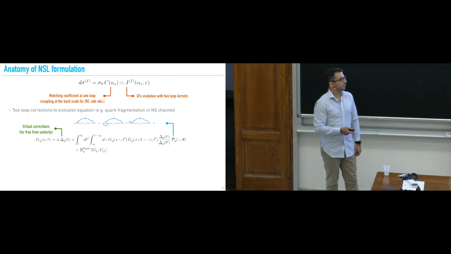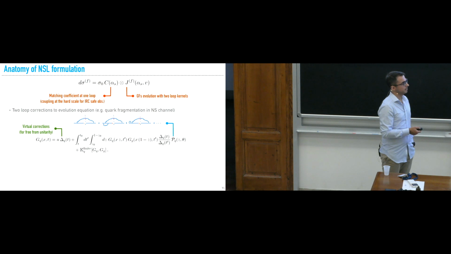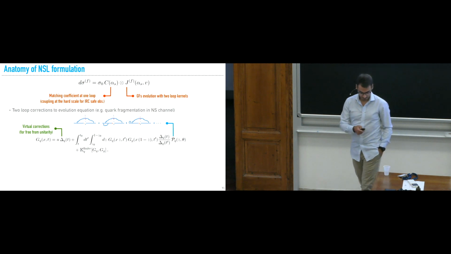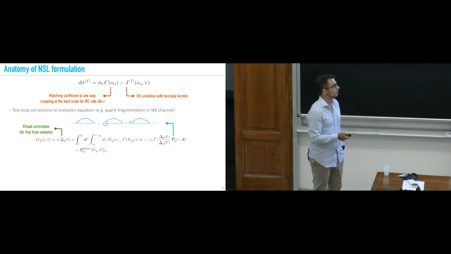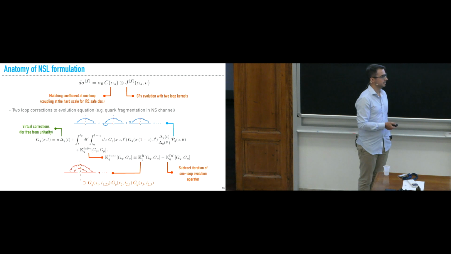Now, if you aim at computing NLO corrections to this kernel, you need to add 1-loop corrections to the single emission splitting function. And this term will also be proportional to the 2 G's, the G of the quark and the G of the gluon, okay? For the moment, let me consider this to be dimensionally regulated. Now, the second piece, this is where it gets complicated, is the double real correction.